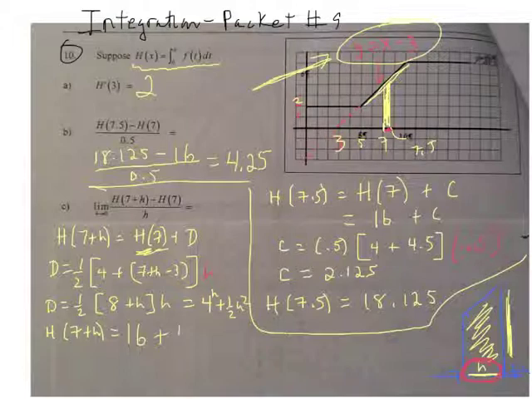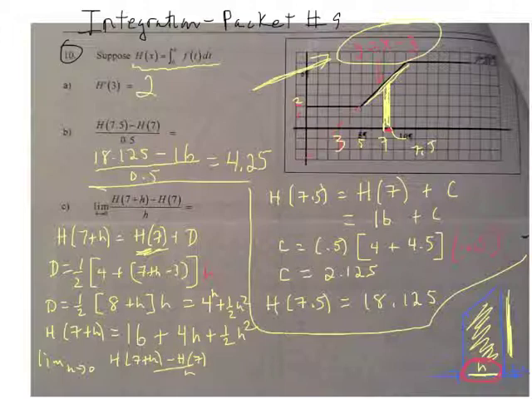So h of 7 plus h, now we need to take the limit as h goes to 0 of h of 7 plus h minus h of 7, all divided by h.